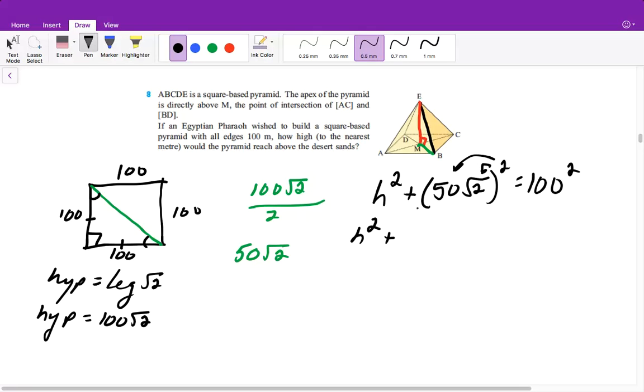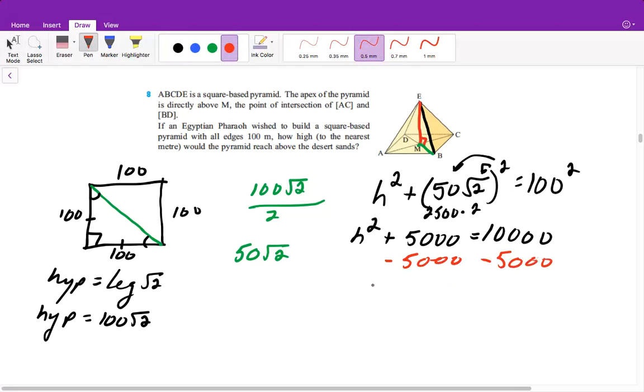So 50 squared is going to be 2,500 times 2, so that will give me 5,000, is going to be equal to 100 squared, which will be 10,000. So we subtract 5,000 from both sides. So h squared is then equal to 5,000.